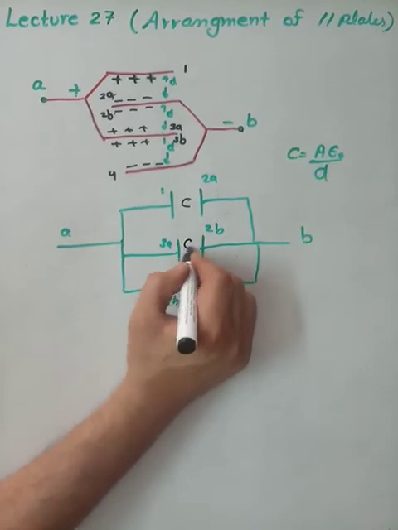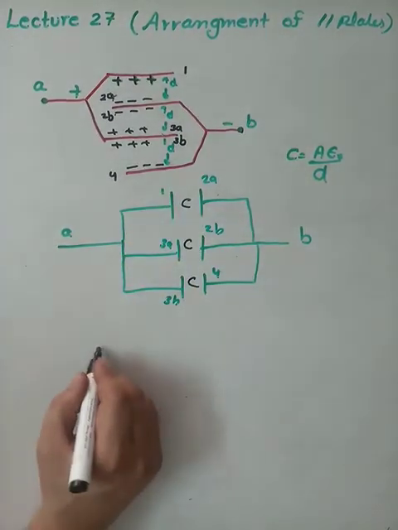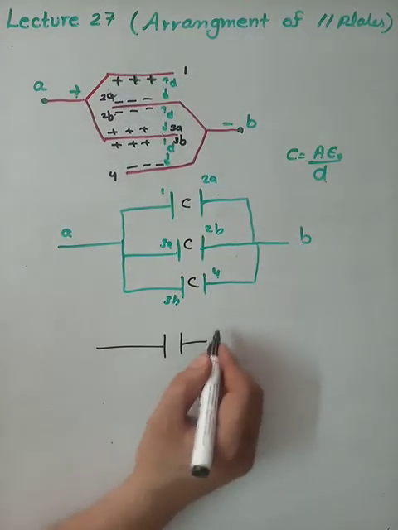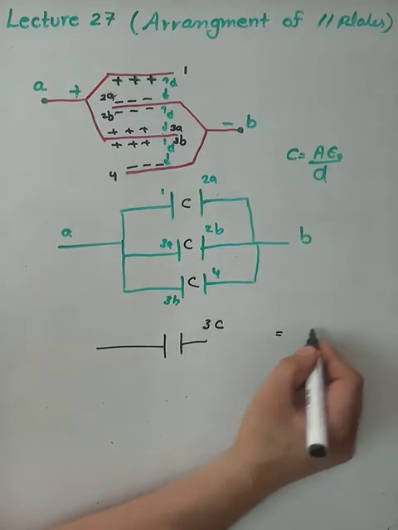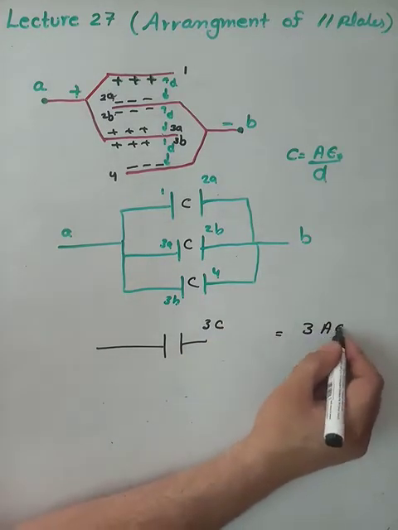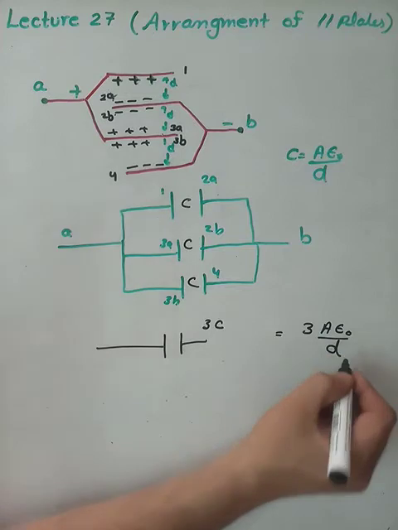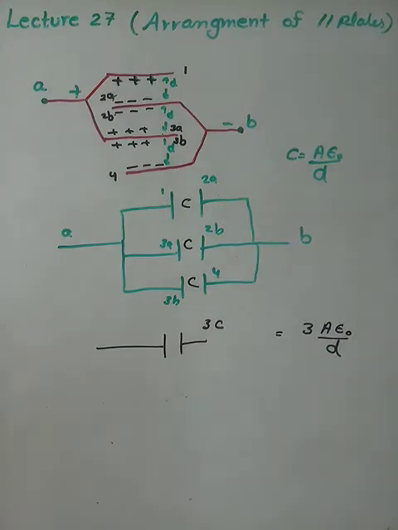C, C and C are all in parallel, therefore the equivalent will be 3C, and your answer will be 3 epsilon naught A upon D. This is one of the arrangements which was asked in previous year board exam questions.